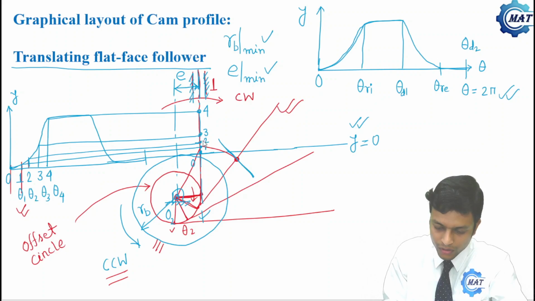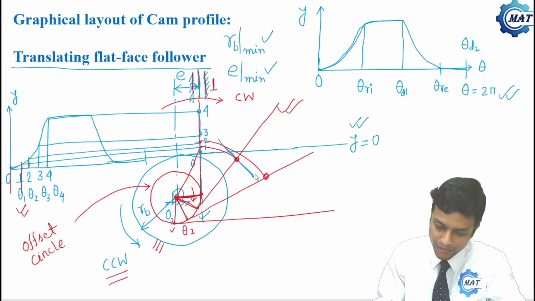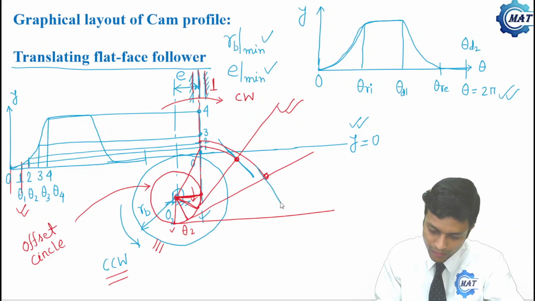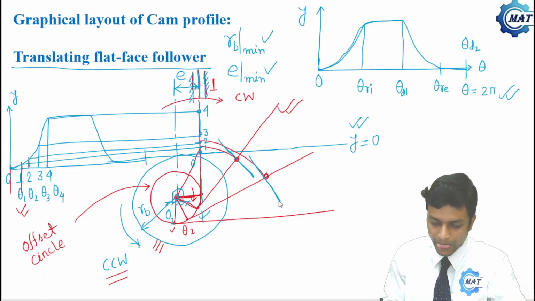Similarly, for station point 2, this is the distance. So with this radius at O2, we will draw another arc, and that cuts the corresponding tangent here. And the follower face here is perpendicular to the tangent, this blue line.